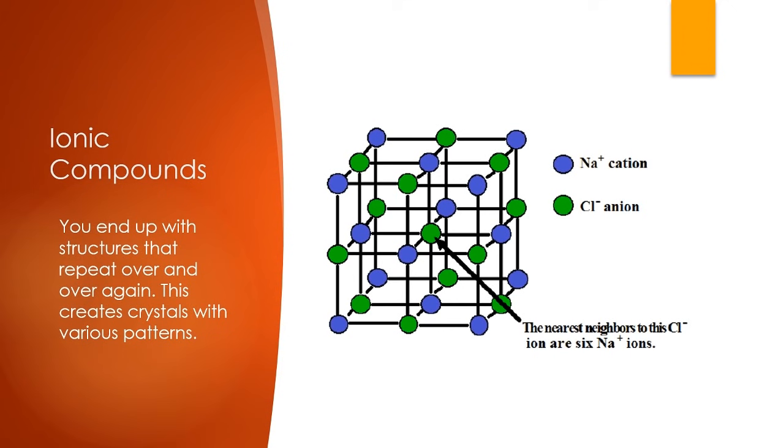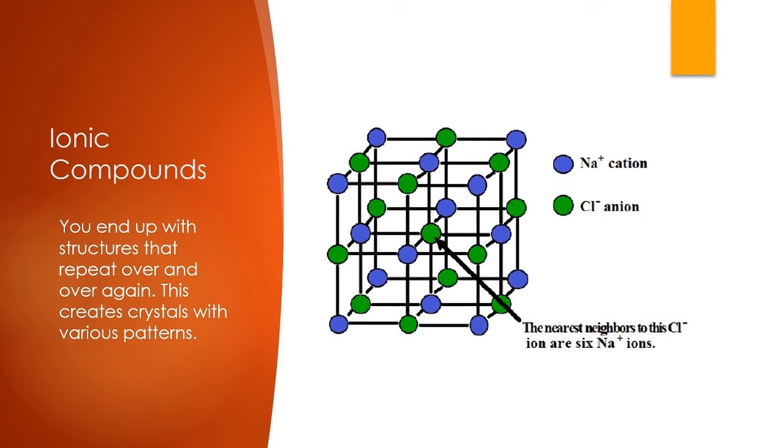And it actually extends into space. It creates a three-dimensional crystal. All the crystals that you've probably seen are in fact repeating patterns of ions, positives and negatives, stacking up around each other in such a way that the overall picture is neutral. Here you've got a representation where the green spheres are chloride ions and the blue spheres are sodium ions.